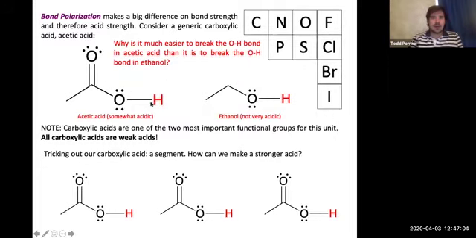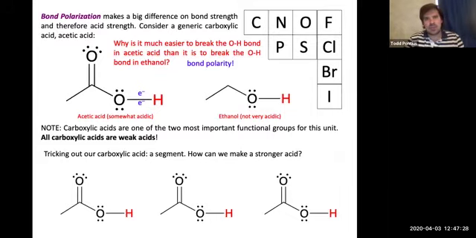What is it about the carboxylic acid's OH that makes it so much easier to break? It turns out it has to do with the bond polarity. So if we imagine our oxygen and our hydrogen and the electrons, which atom are the electrons more attracted to? The oxygen or the hydrogen?